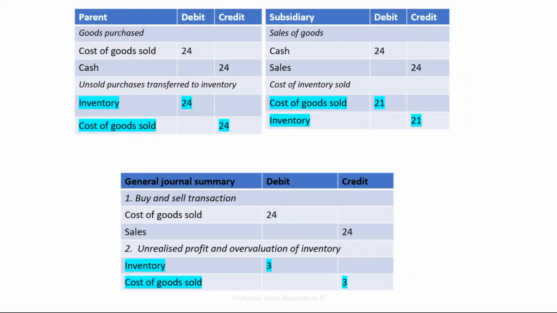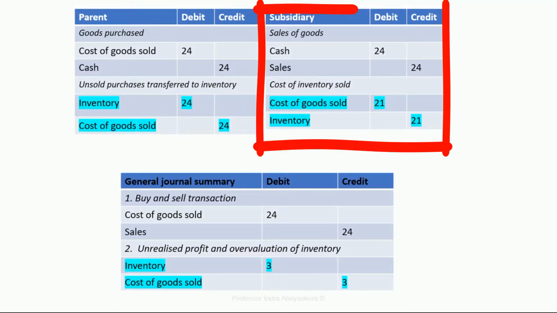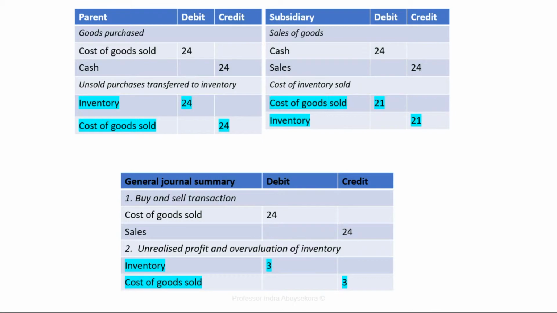If we look at the individual entities' general journal entries, the subsidiary took the inventory out of the warehouse and prepared it as cost of goods sold, which is 21 million, and then sold it for 24 million and received cash.